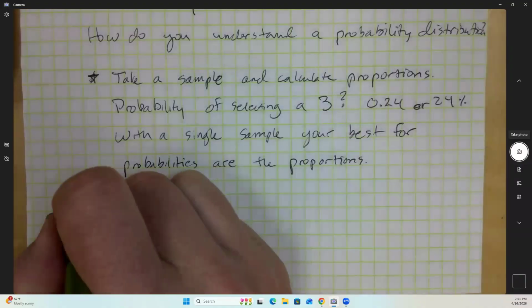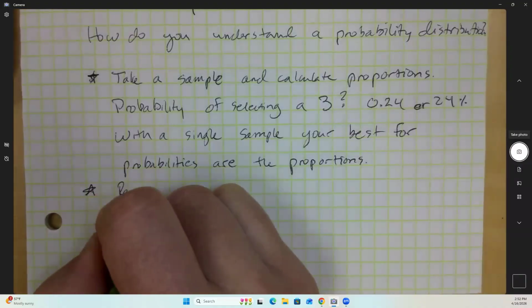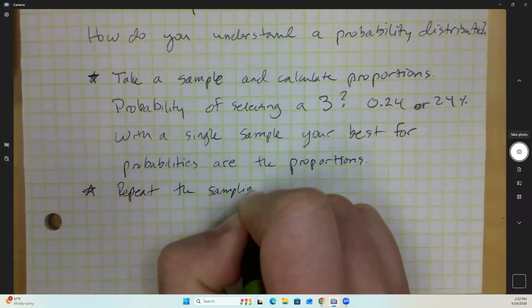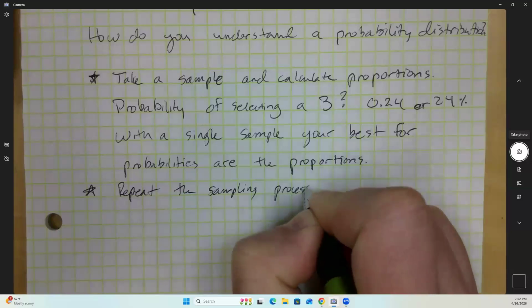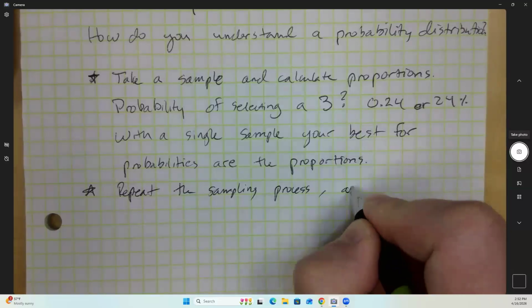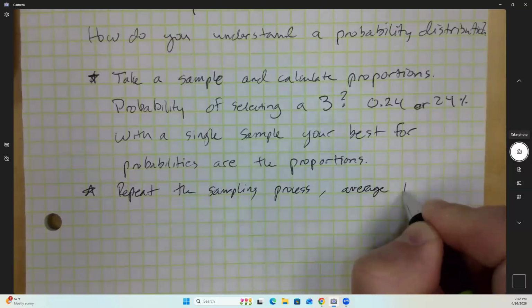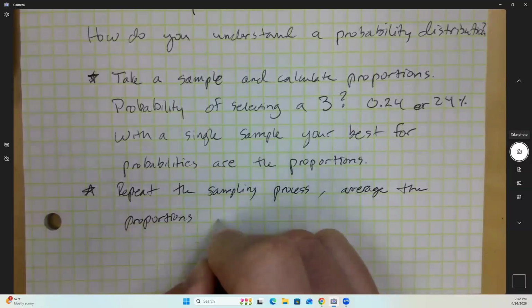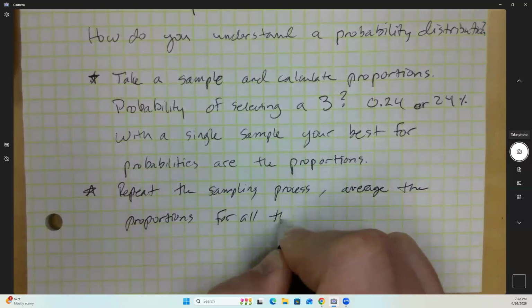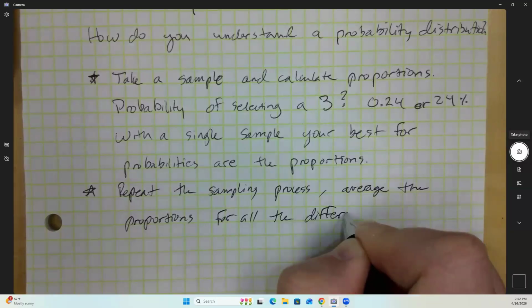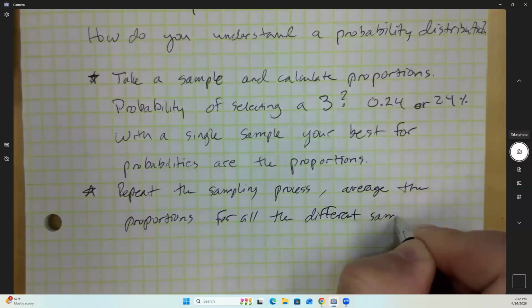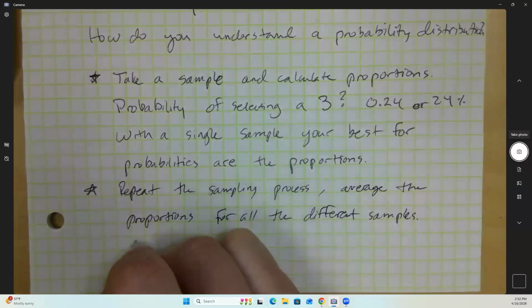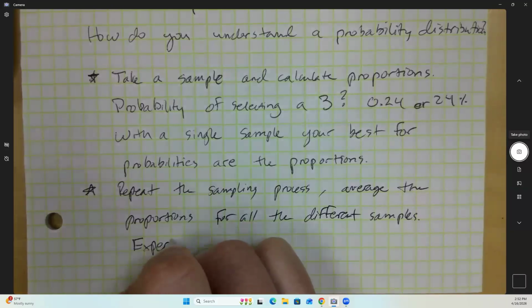If you have more time and resources, your next option is to repeat the sampling process and then average the proportions for all the different samples. These average proportions are called experimental probabilities.